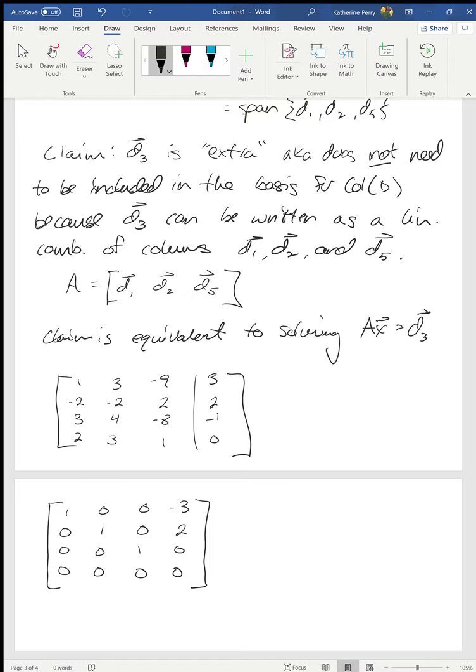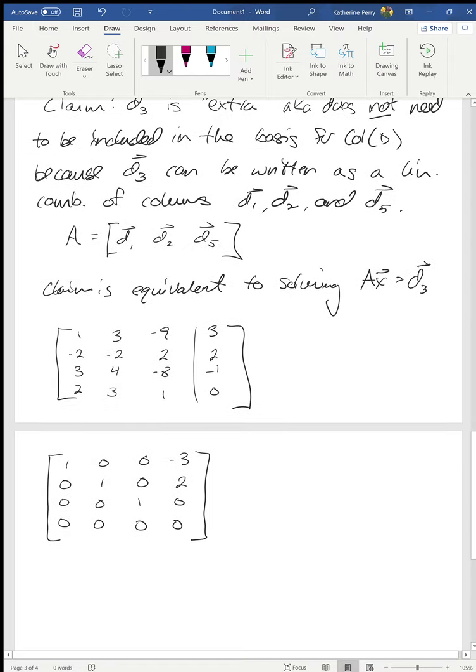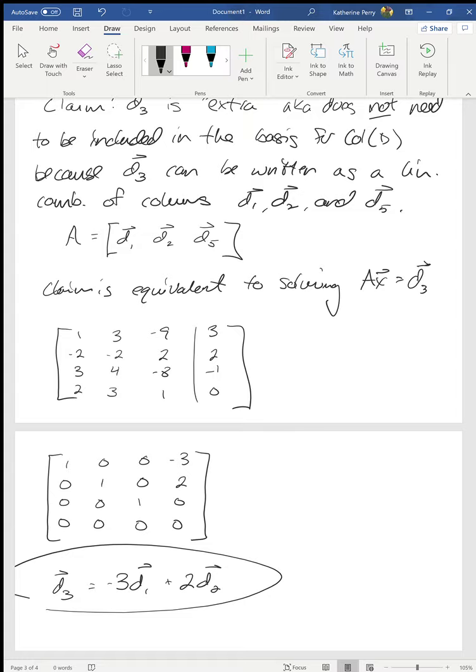And this tells me that D3 can be written as a linear combination of, in fact, only the first two are necessary, and it's minus 3 times D1 plus 2 times D2, and then 0 times D5, but I won't write that. And so that shows that this claim above here is true, and since D3 can be written as a linear combination of these basis vectors, it's not necessary to include it in our basis.